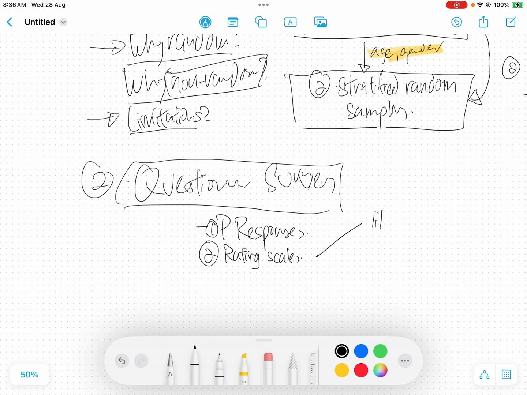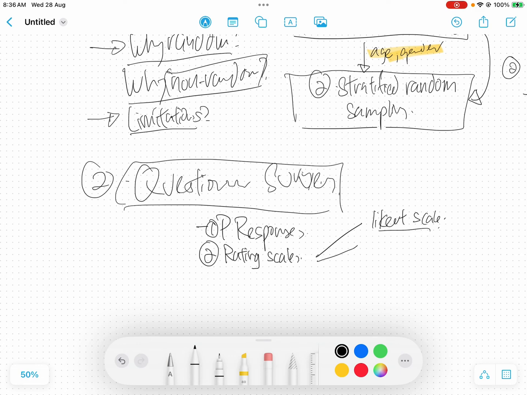There is the Likert scale. The Likert scale usually has two extremes, and usually about five options: excellent, above average, average, below average, extremely poor. That's the Likert scale.